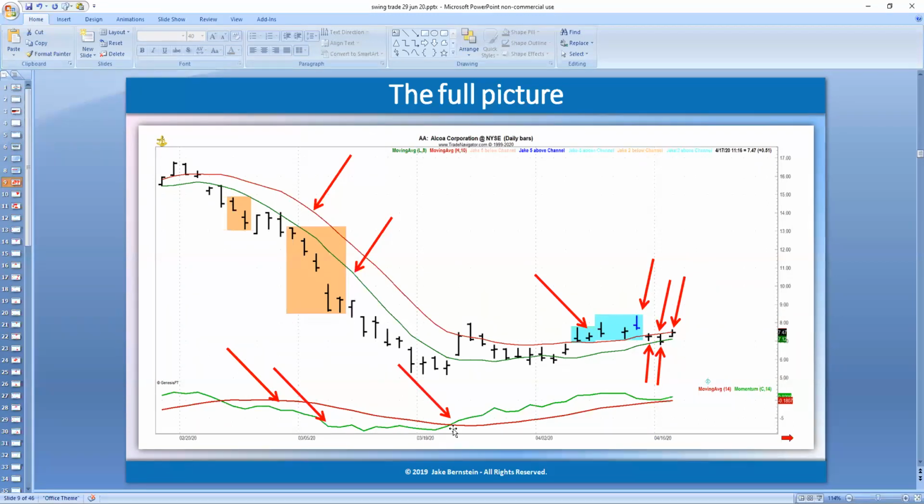A trigger occurs when we get 2 consecutive price bars that are completely above the top of this channel. So even though it looks like these lines may be touching, the numbers show that they're not touching. So you have 2 consecutive bars above the top of the channel, and that's the trigger.